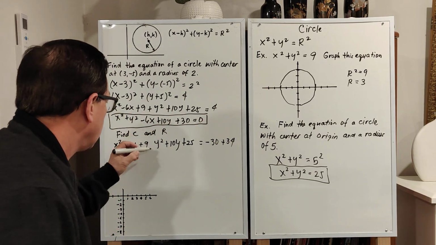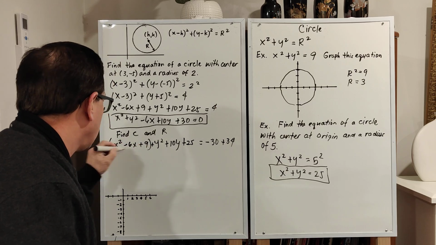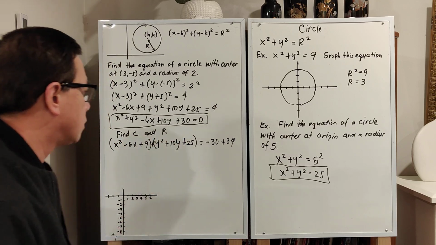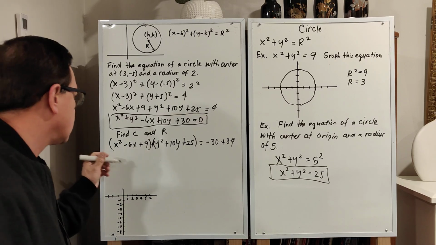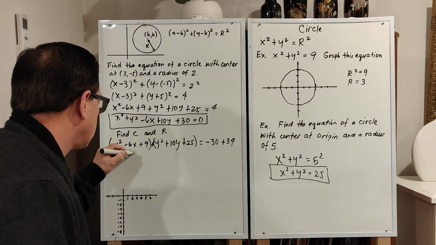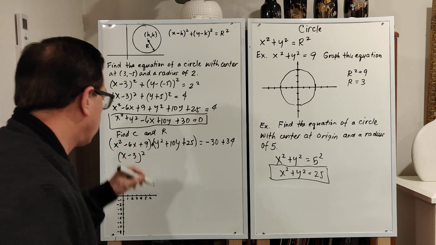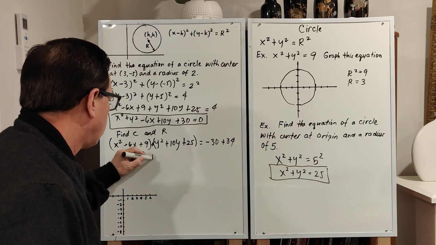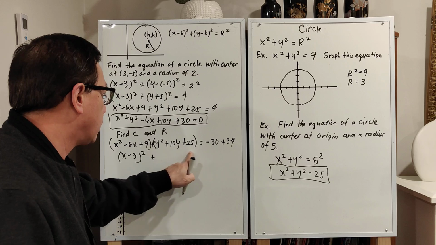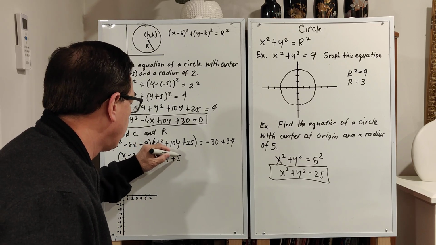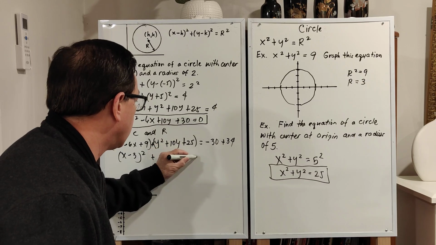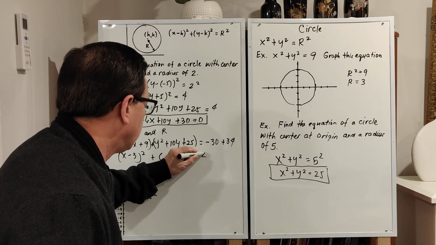Now this is a perfect square. This is also a perfect square. So you can rewrite this as x minus 3, the quantity squared, plus y plus 5, the quantity squared, is equal to 4.